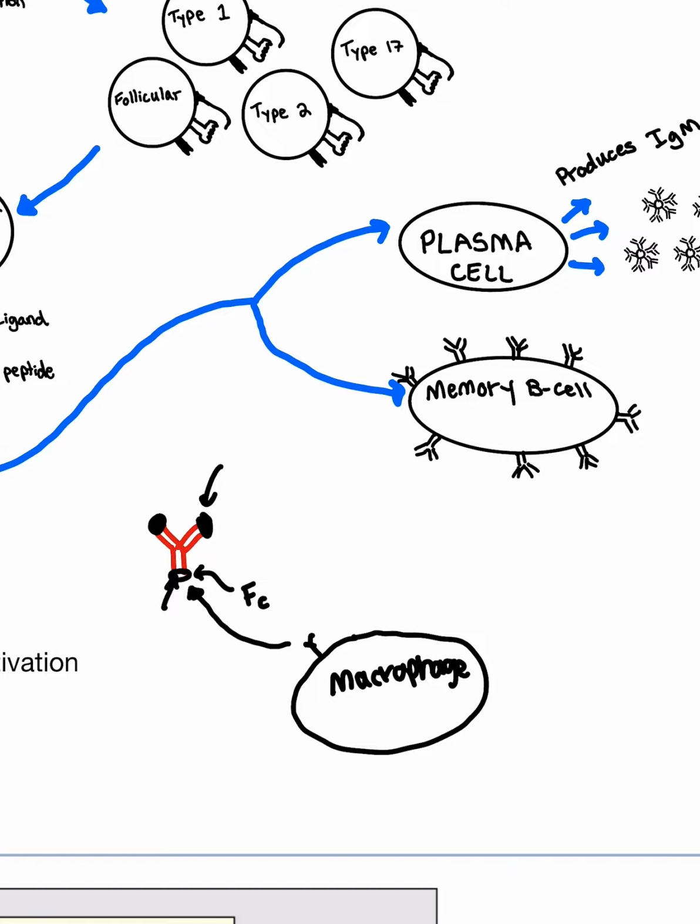And that's important because when I have an antibody, that antibody has a unique binding domain that can bind with this bacteria right here. And if a macrophage can recognize this antibody is bound to something, even if I can't necessarily recognize what that is, it can then consume this antibody and whatever it's bound to.